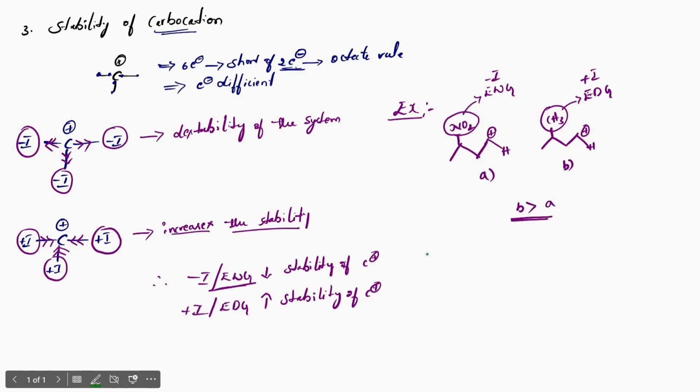So we can say that stability of carbocation is directly proportional to plus I effect and inversely proportional to minus I effect.